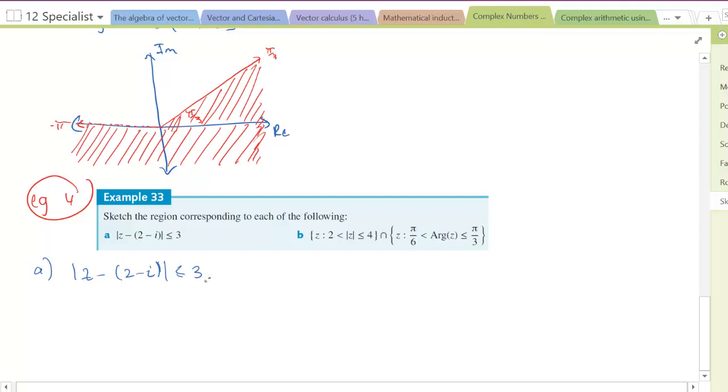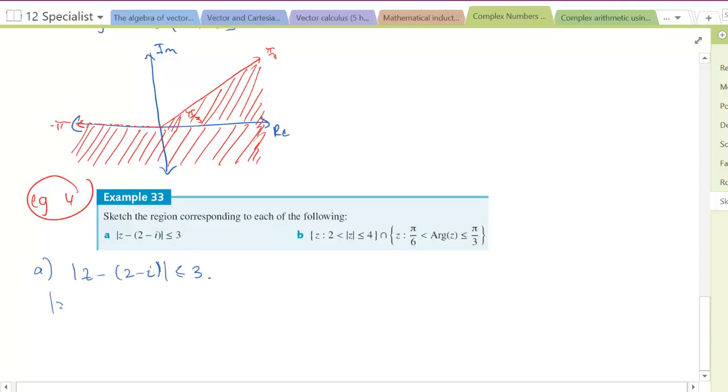So less than or equal to 3 means we're looking at a circular relationship where it's less than or equal to that distance. So it's still defined by that radius of 3. We're still defined by the center, which is explained by this locus, the modulus of z take 2 take i. But now we're looking at all values between 0 and 3.